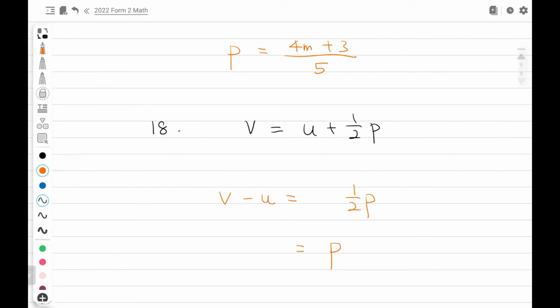If you bring it to the front, it becomes what? If you switch it to the other side, what is the antonym of over 2? You can say divided by 1 over 2.